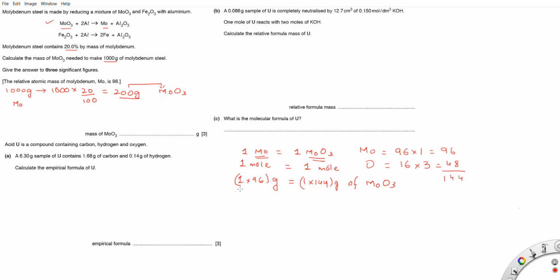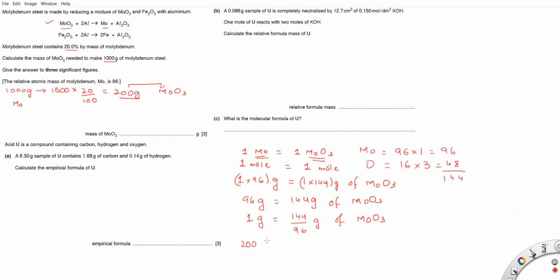So in order to make this 96, 200, since it is given in the question that 200 grams of molybdenum should be used to work out and to find out the mass of molybdenum oxide required. So we can use stoichiometric calculations, or we can use the basic ratio technique or the proportion method. Since 96 grams is producing 144 grams, so 1 gram would give me 144 divided by 96 grams, and then multiplying this side with 200.